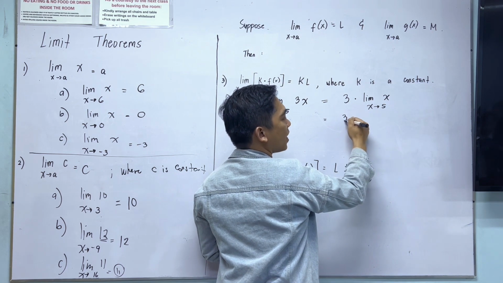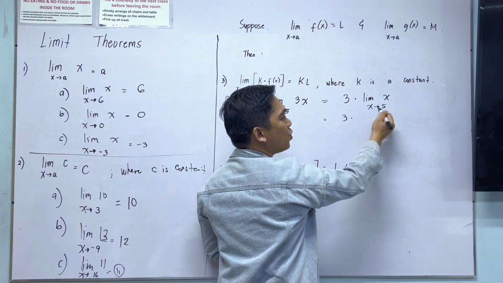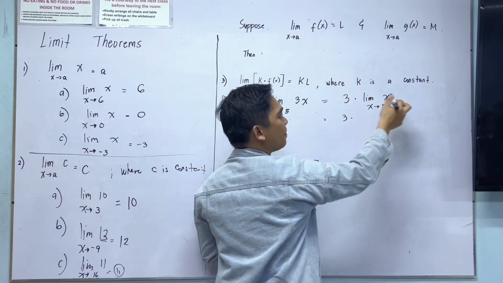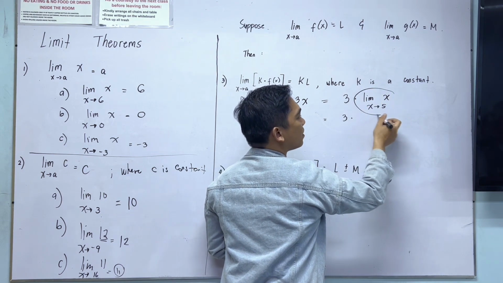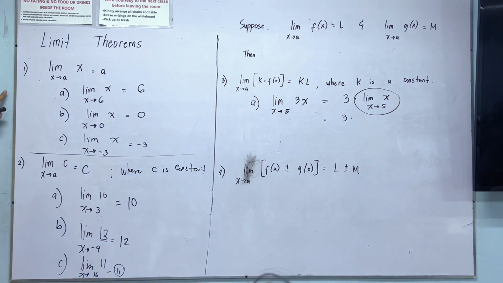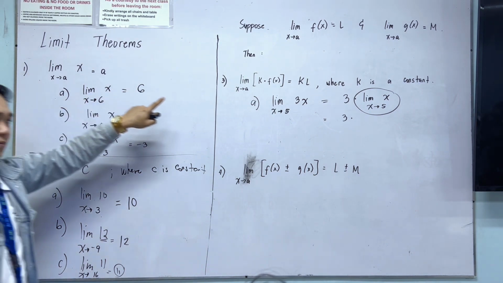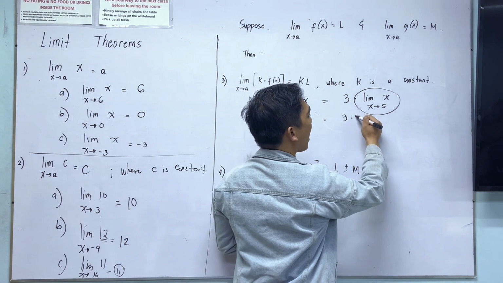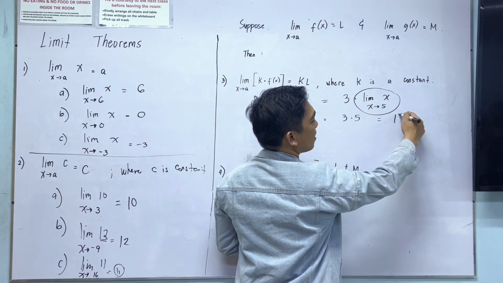Now we have 3 times. We can now use the previous theorem. Anong theorem ito? Theorem 1. Ano daw ang value? 5. So 3 times 5. So the limit is 15.